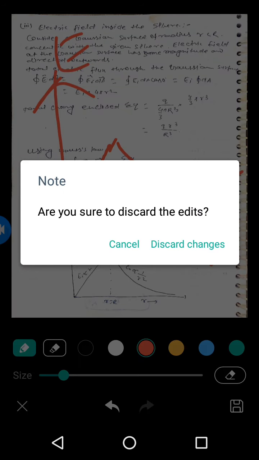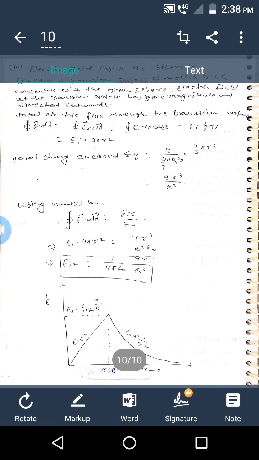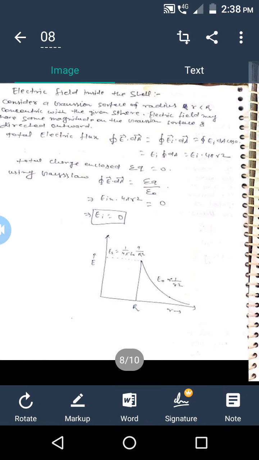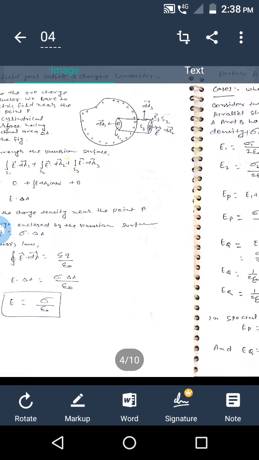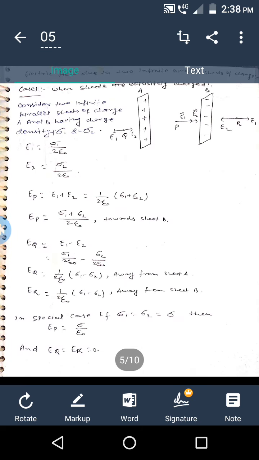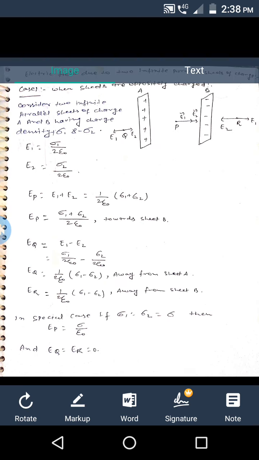Now here are some questions. There are two plane charged sheets A and B. They have surface charge densities plus sigma 1 and minus sigma 2.